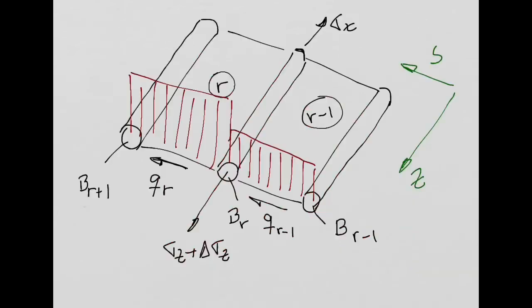So the same thing is happening here. When I go from this section to this section, there is a variation in the bending moment. And because of that variation in the bending moment, I will have a variation on the direct stress. Okay? So I can write something like this.